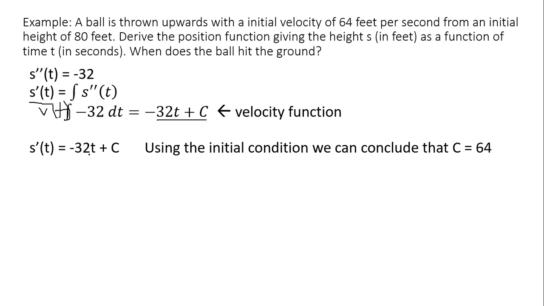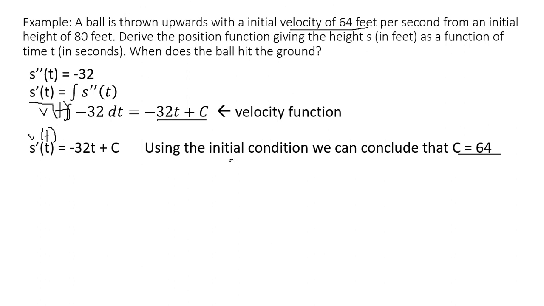Okay, the next thing I'm going to do is rewrite that. So I have S prime of t. If you're more comfortable writing v of t, that's okay. V of t is equal to negative 32 t plus c. Now, using that initial condition, we know that c is equal to 64. We know that its initial velocity is 64 feet per second.